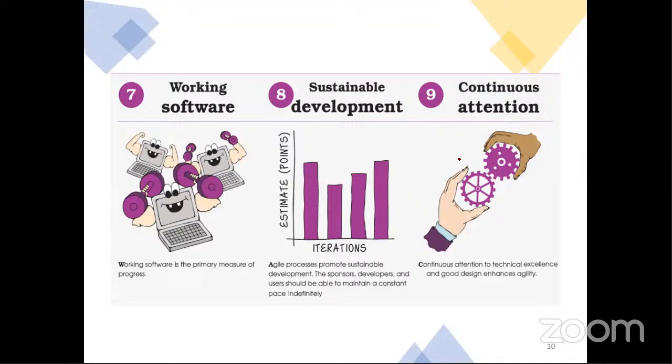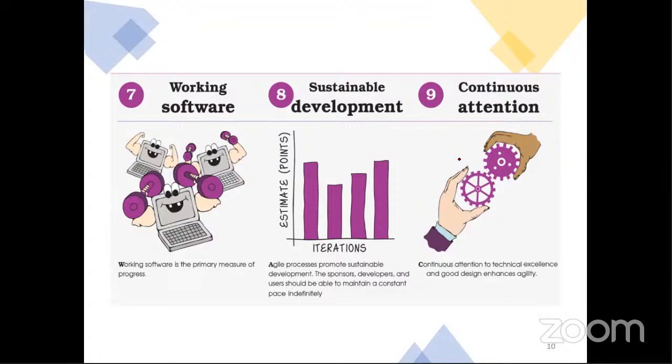Next is sustainable development. Agile processes promote sustainable development. The sponsors, developers, and users should be able to maintain a constant pace indefinitely. So in every iteration, I can have a proper estimate so that there won't be any lag or any extra budget required.